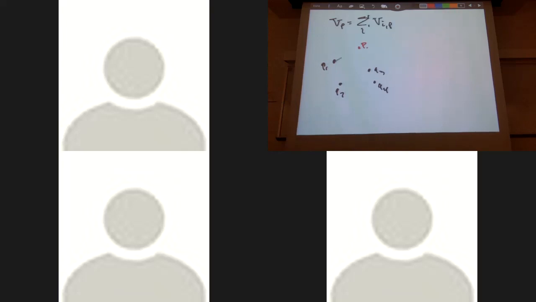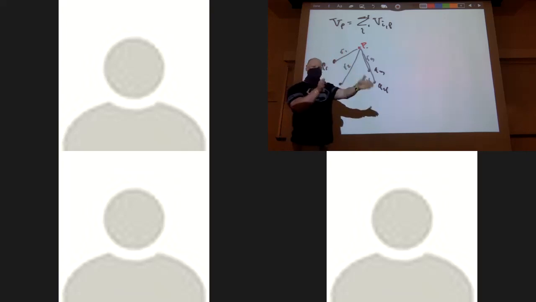Each one of these has a distance of R1, say, R2, R3, and R4. Now, again, the nice thing about potential is that since potential is a scalar quantity, not a vectorial quantity, I don't care about direction. All I care about is the distance at which it is away from that point and the sign of the charge.